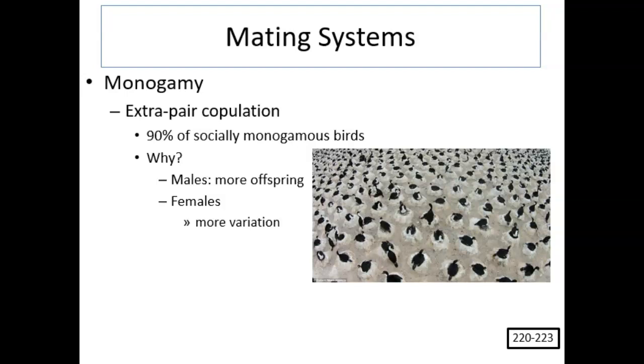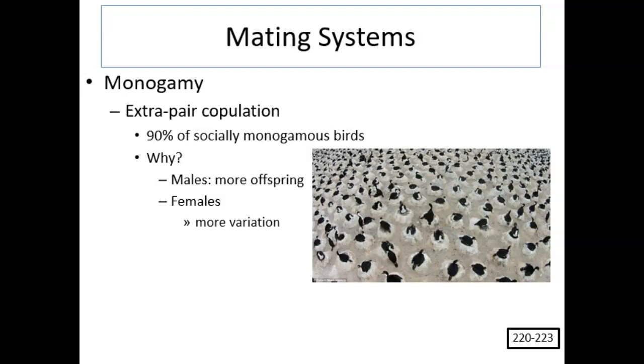Well, the benefit here is that chance for variation, right? If we look out at all the males that are present in this colony, there's one who's the best. There's one who's the highest quality male. But only one female gets to pair bond with him, right? Only one female is going to share a nest with him.